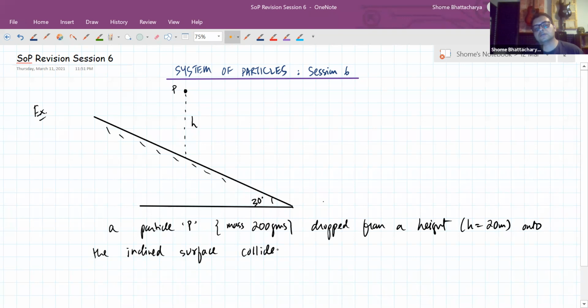It collides and develops a horizontal velocity v just after the impact.